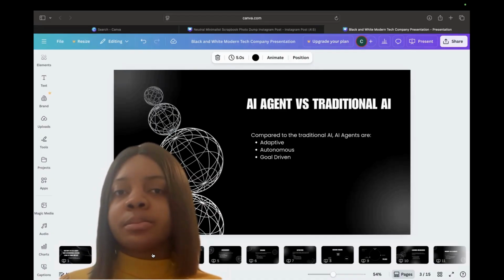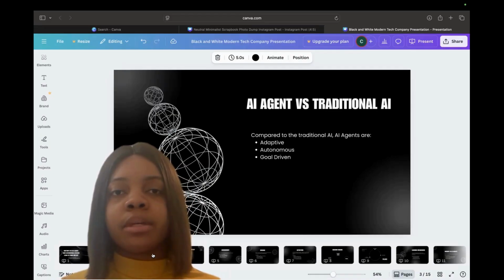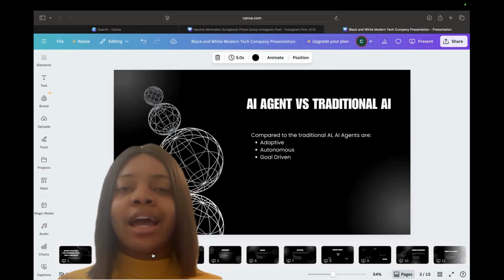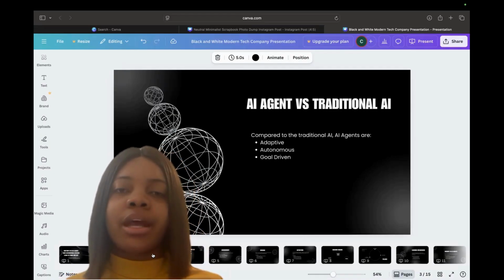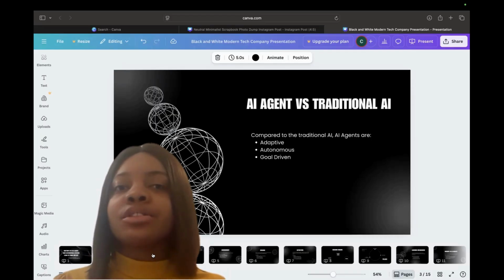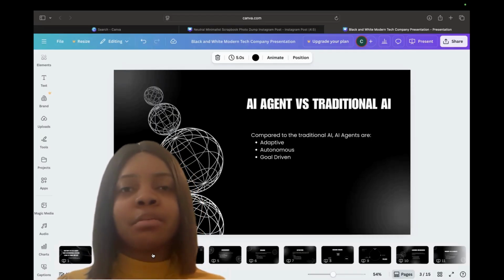They adapt to the particular situation at hand, and it iterates in a feedback loop. So it goes through that process, gets feedback on its own, and it adapts to that. It's autonomous and it's goal driven.